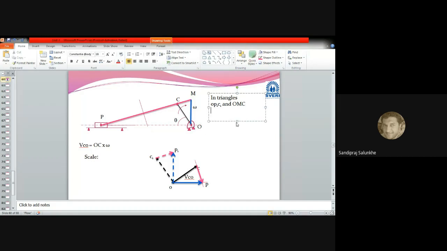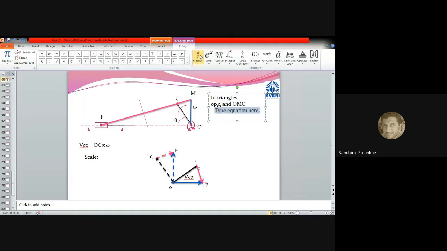We can write that distance OP1 divided by distance OM, this ratio will be equal to the ratio MC divided by P1C, correct me if somewhere I am wrong, is equal to again the ratio OC1 divided by distance OC.